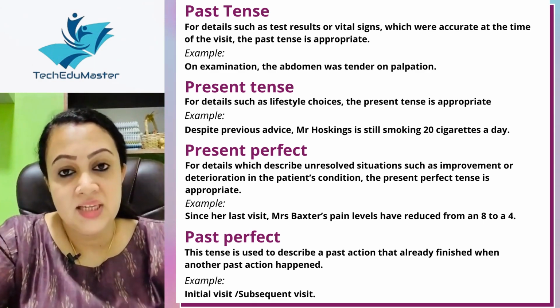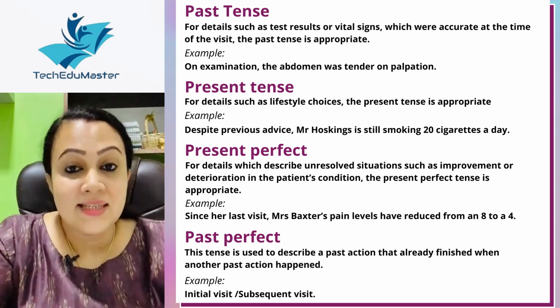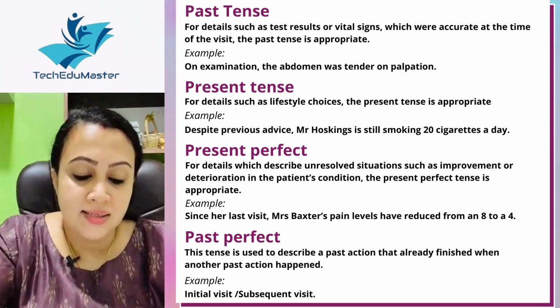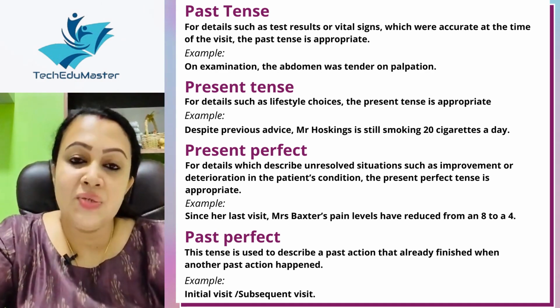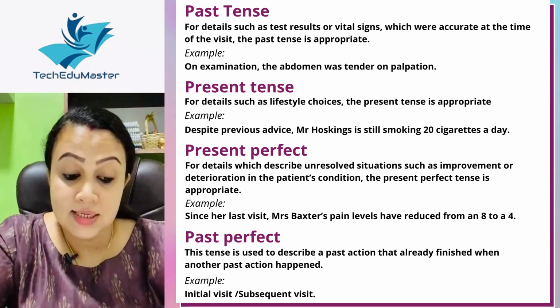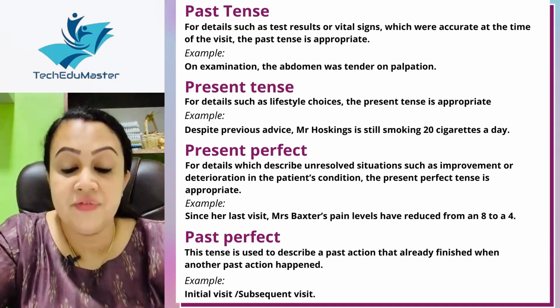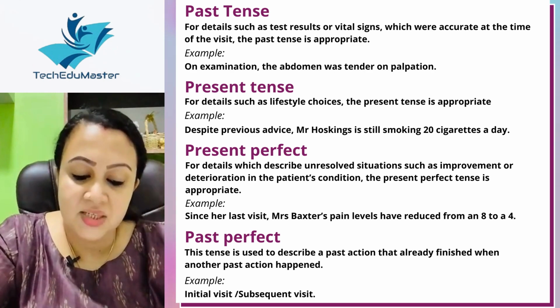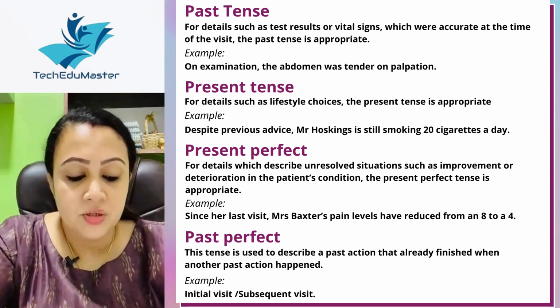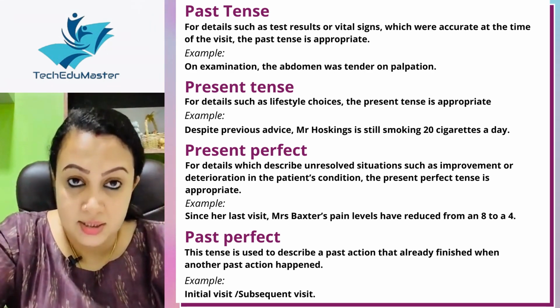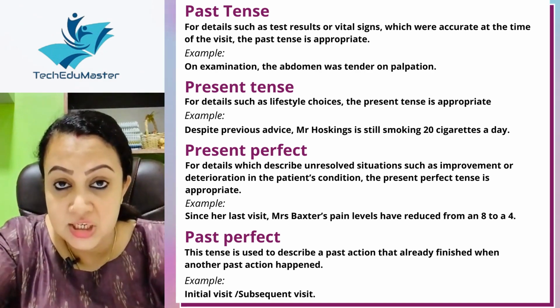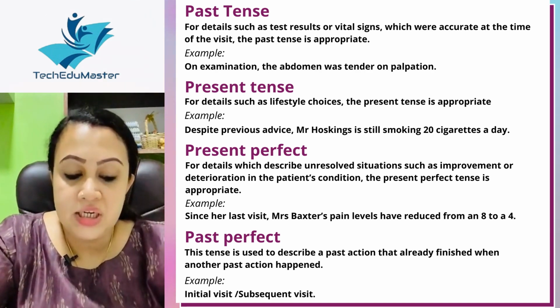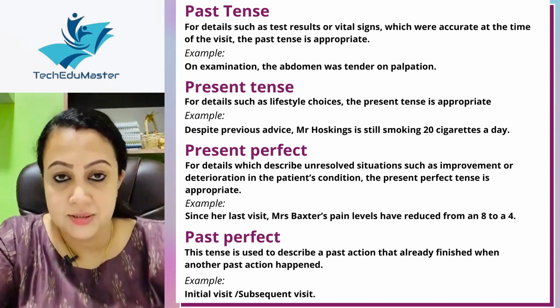Now the next tense is simple past tense, or past indefinite tense. When to use it? This tense is used to describe a finished or completed action that happened at a specific point in the past. For example, what was the condition when the patient initially presented to the clinic or the hospital?